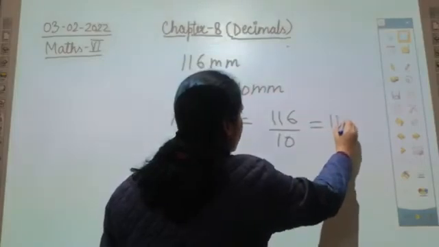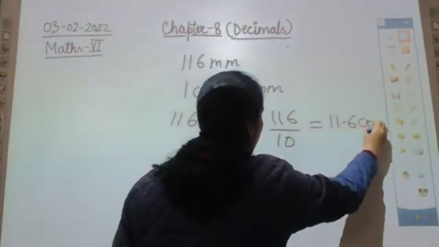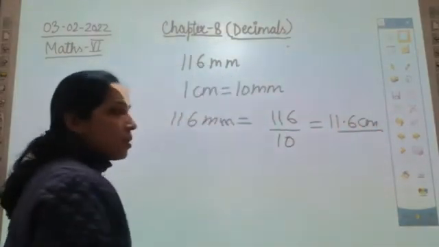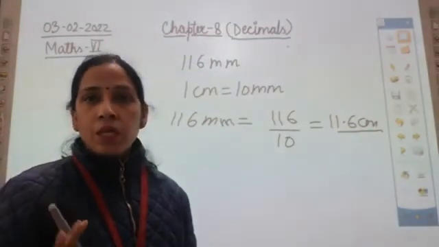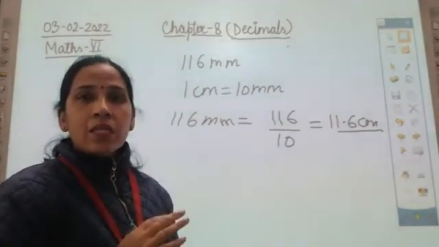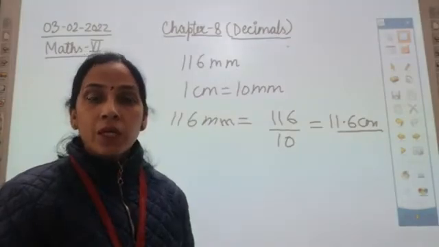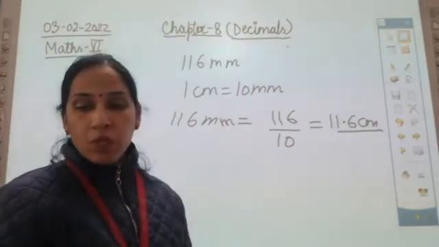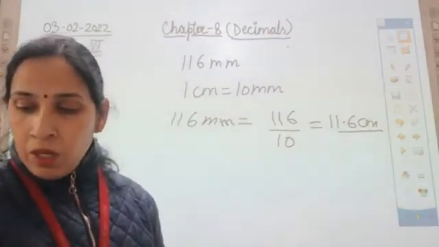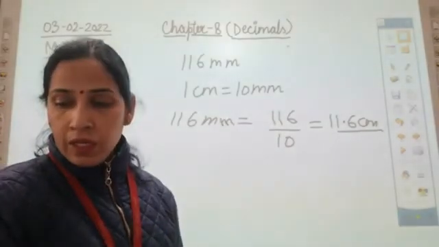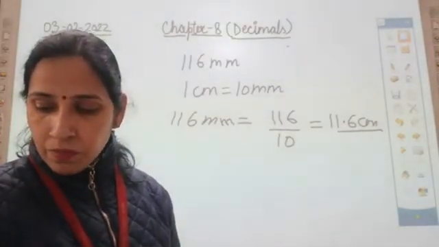Then put the decimal point, and the answer you get is in centimeters. I hope this question is clear to you all. It is the simple conversion you were doing in earlier chapters, in measurement also. Similarly, we will find hundredths also.